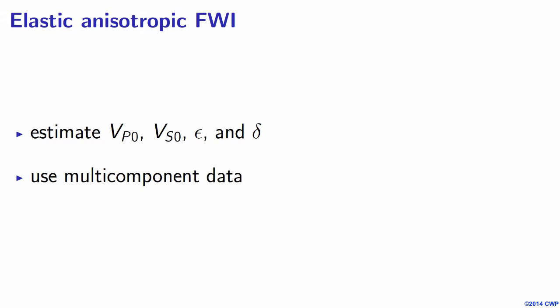As I said, for waves that are polarized in the plane of propagation, we need 4 model parameters, excluding density, to represent the VTI model. So we've got the vertical P and S wave velocities and anisotropy coefficients epsilon and delta. And we use multi-component data, so we use both the vertical and horizontal components of the data to perform our inversion.